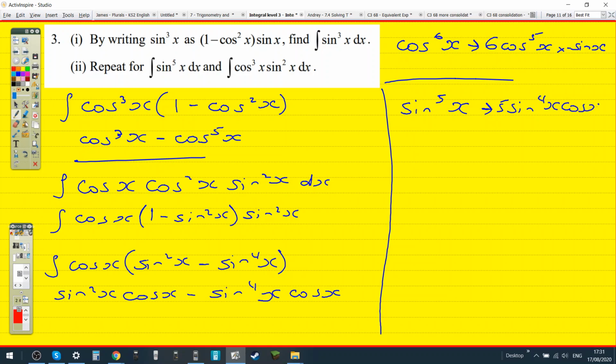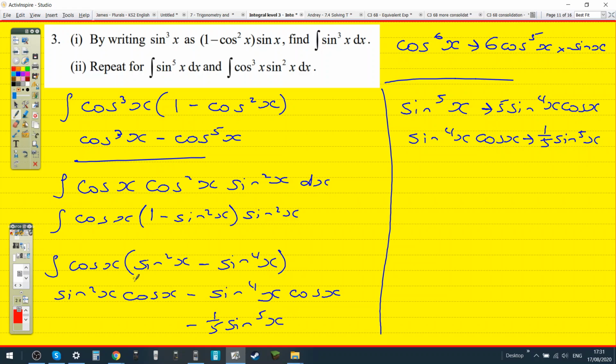And so what is the integral of sine to the 4x cos x? 1/5 sine to the 5x. And so the integral of this part is 1/5 sine to the 5x.